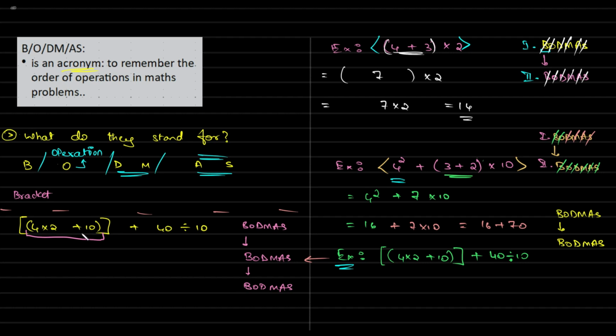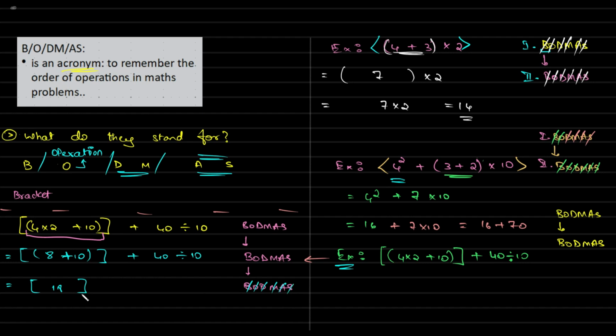So in the most inside one, we don't have any brackets, we don't have any operation, we don't have division, we do have multiplication though, and that multiplication is 8 plus 10. There is addition, 18, right?